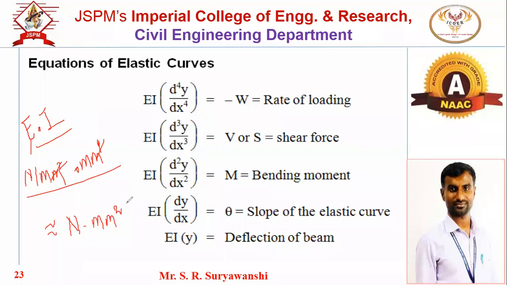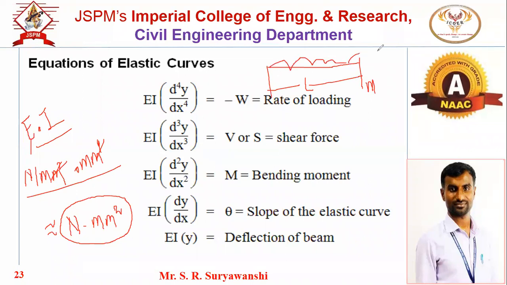Now tell me, if the value is given in a numerical, because generally they will give the value of E in MPa or Newton per mm square and moment of inertia in mm⁴. In case of a beam the length is given in meters, and the UDL or loading is given in kilonewton, and length in meter.